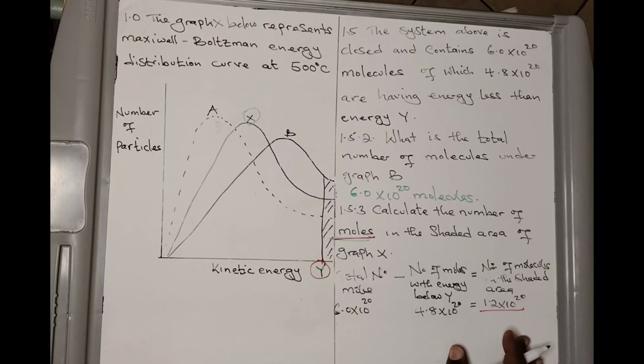We are now going to perform the calculation to get number of moles. You have to remember the relationship between number of molecules and moles. It says n, which represents number of moles, is equal to number of particles, number of molecules, over Avogadro. And that's what we are going to substitute in to get our number of moles.